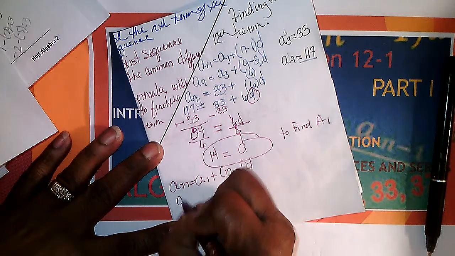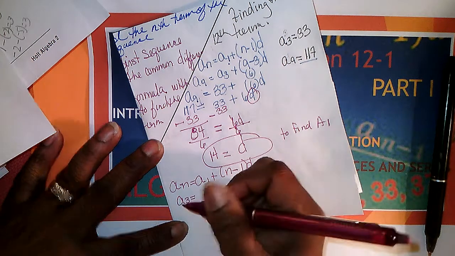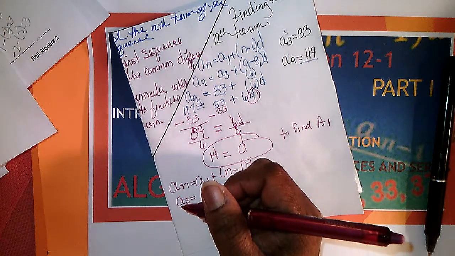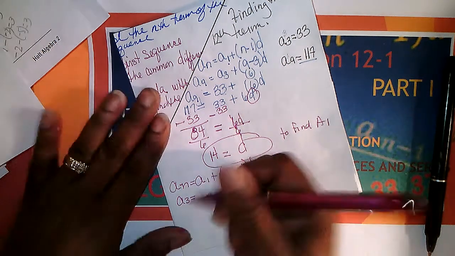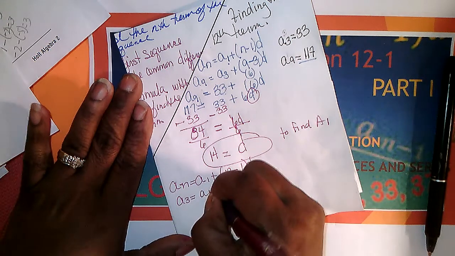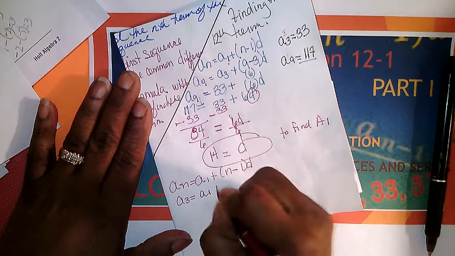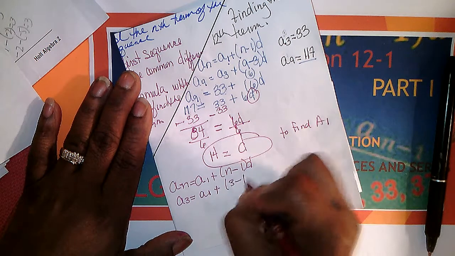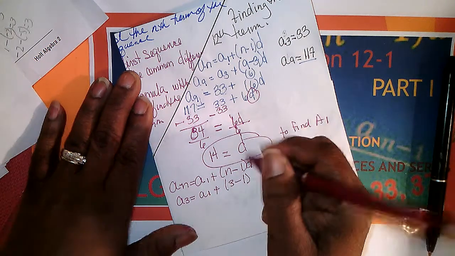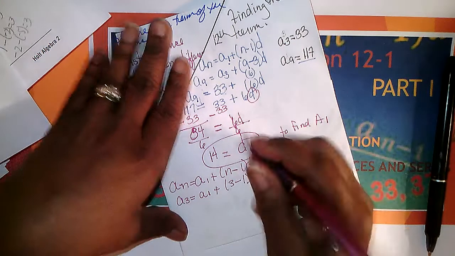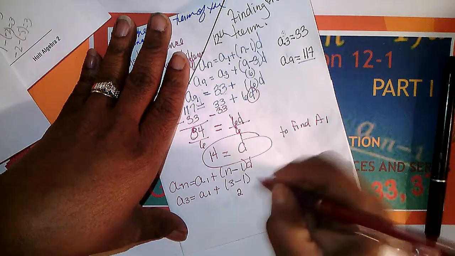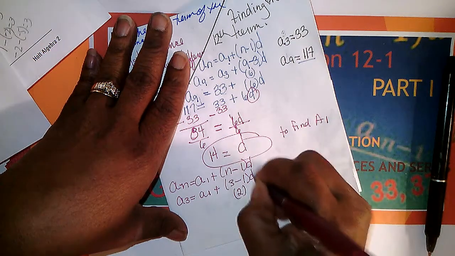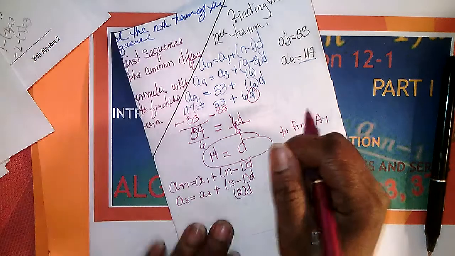We said a3 takes the place of a(n), so a3 equals a1 plus 3 minus 1, which gives me 2, and then with the d gives you 2d.